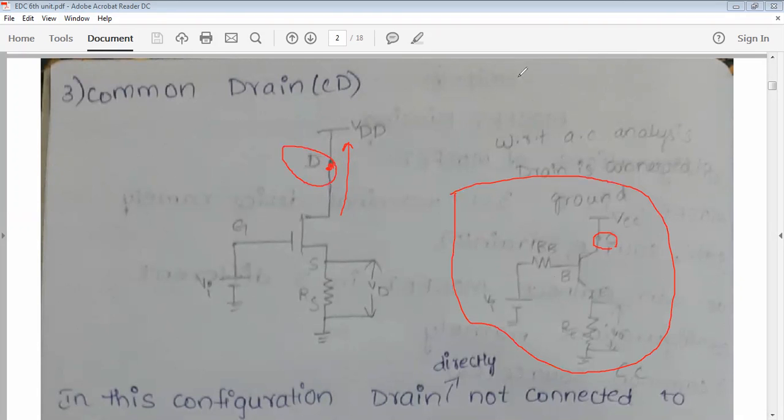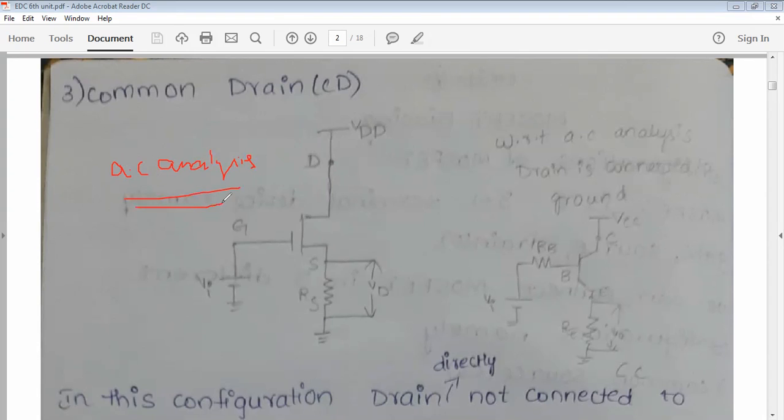With respect to AC analysis, remember this point. Amplifier circuits are generally used for AC analysis, right? For an amplifier circuit, we apply some AC signal through capacitors, and then we analyze using AC analysis. For AC analysis, all DC sources are short circuited. So observe here, this is VDD, and this point is connected to ground.